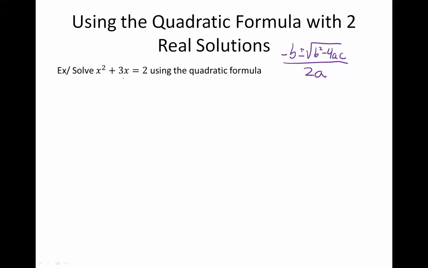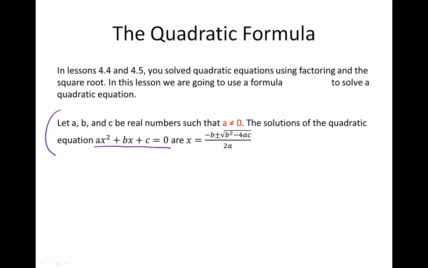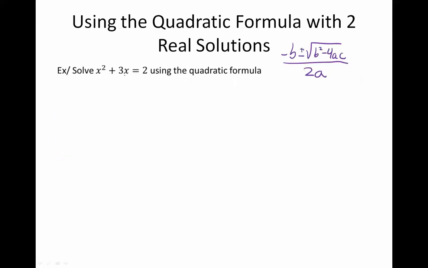Now, remember what we said in the last slide. In order to use this formula, this has to be in standard form. The x squared term, the x term, and the constant term have to be on the same side of the equation. Looking at it, it is clearly not, because the 2 over here is on the wrong side of the equation.